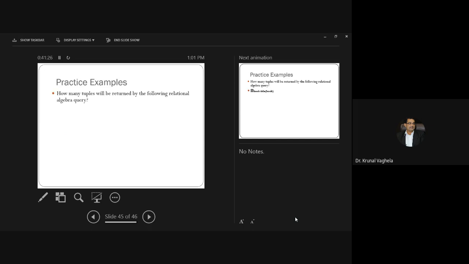This is something different. How many tuples will be returned by the following relational algebra query? You need to tell me how many tuples will be in the answer, that means how many rows will come. Write this, then I'll go to the table.